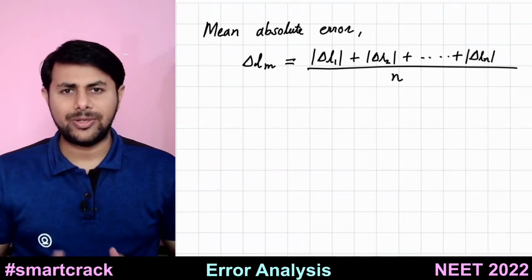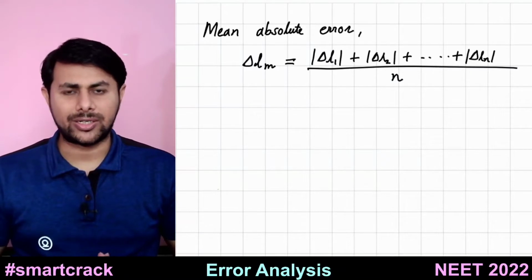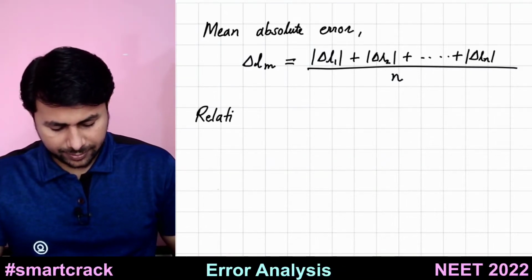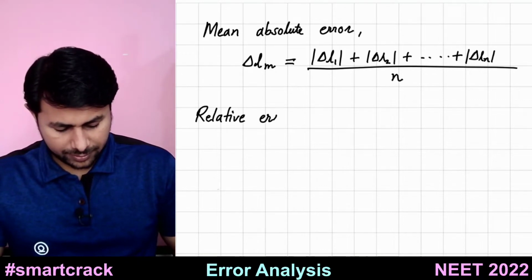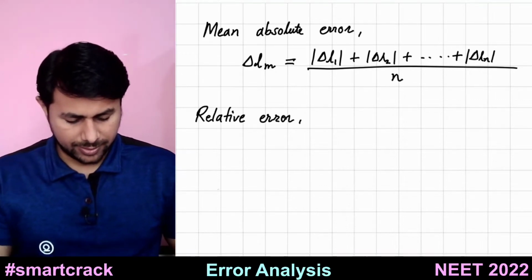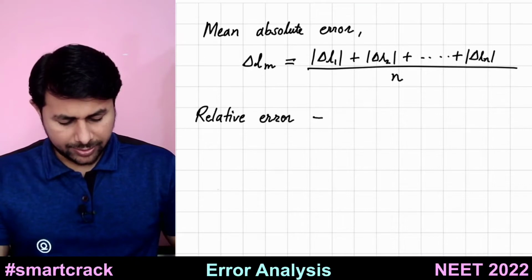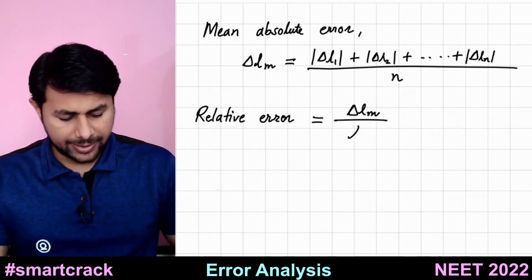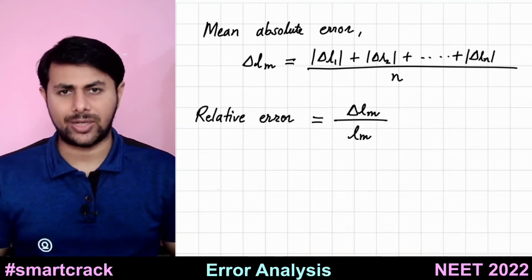After that there are two more quantities. One is called the relative error, and it's just equal to the mean absolute error divided by the mean value of the quantity.